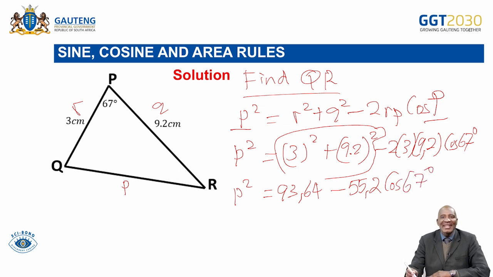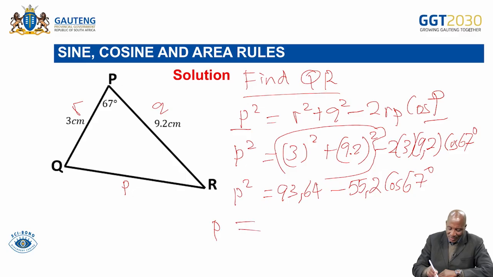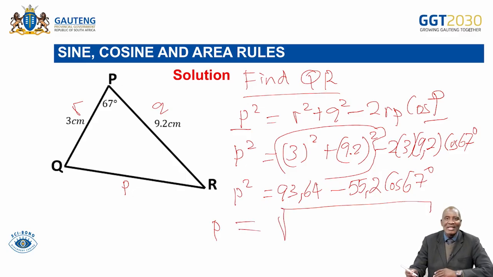When you get here, don't try to punch that out. The whole idea is to find P. So take advantage and straight away say P equals the square root of, remember, it's a distance, I don't have to say plus or minus, 93.64 minus 55.2 cos of 67 degrees.